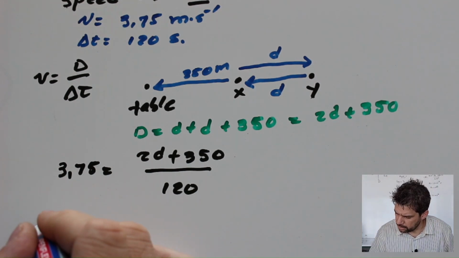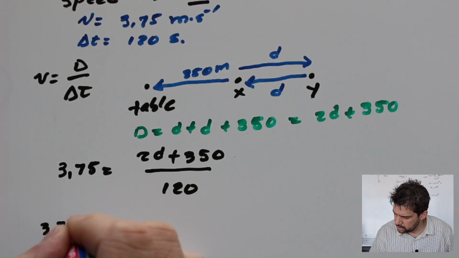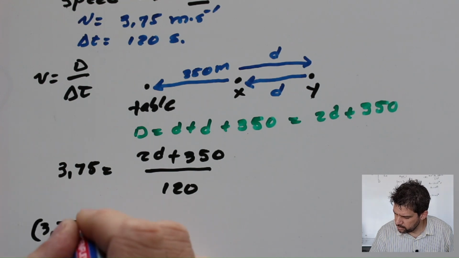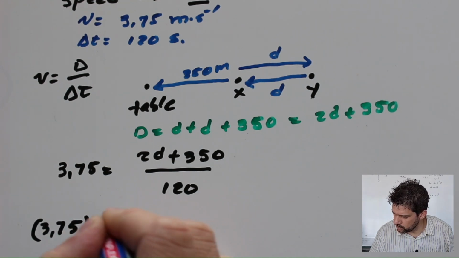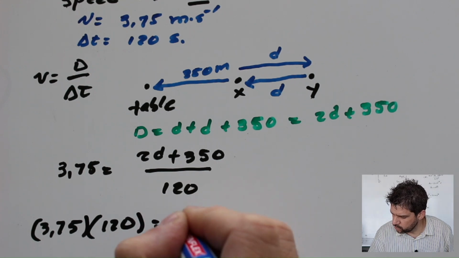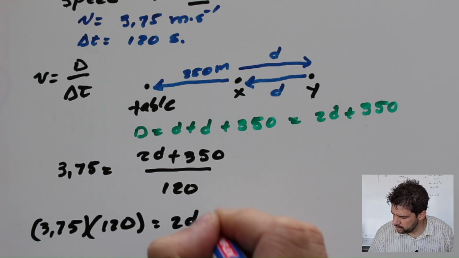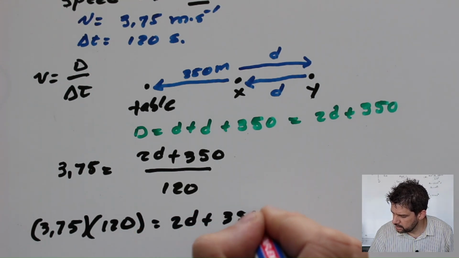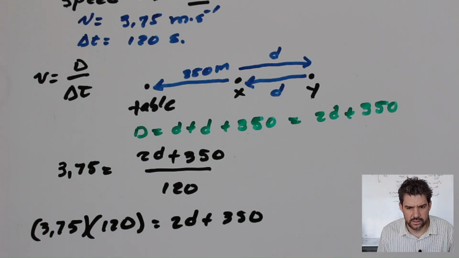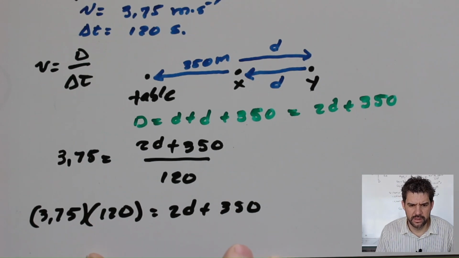So 3,75 times 120 is equal to 2D plus 350. All right, so we are there, which is quite simple.